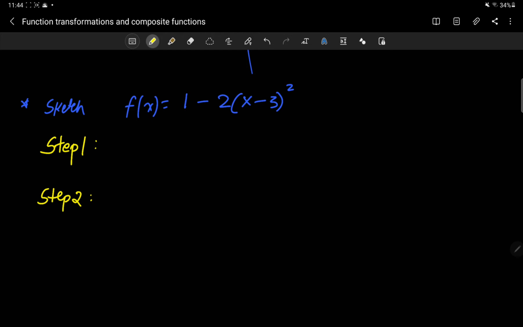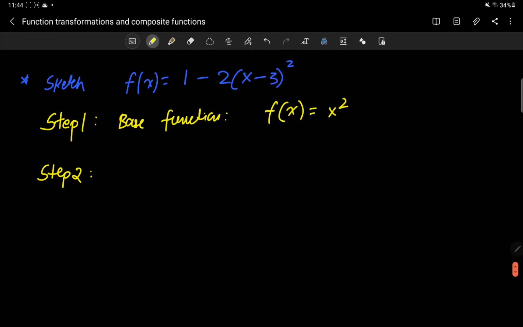Step 1 is to identify the base function. The base function here is x squared. That's the simplest function we are dealing with here. Step 2 is to write step by step how we go from x squared to this.